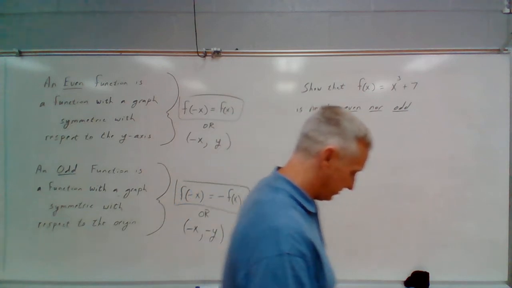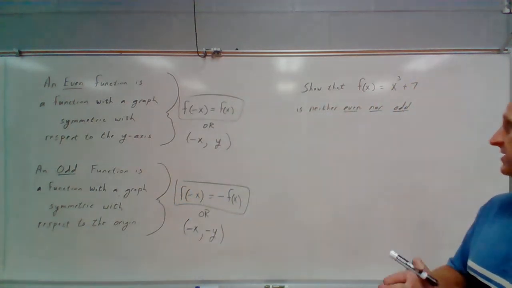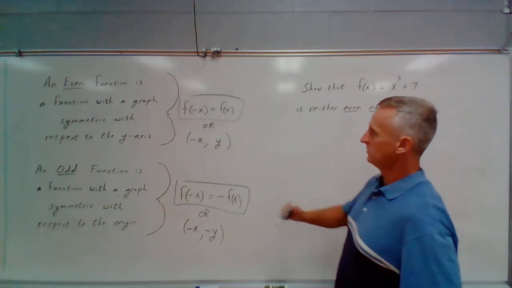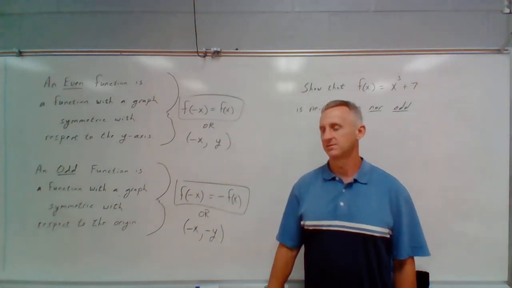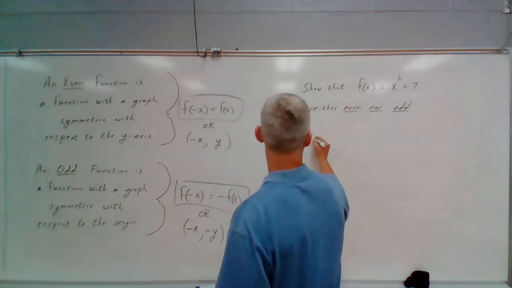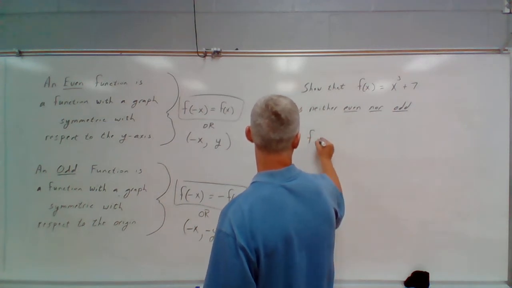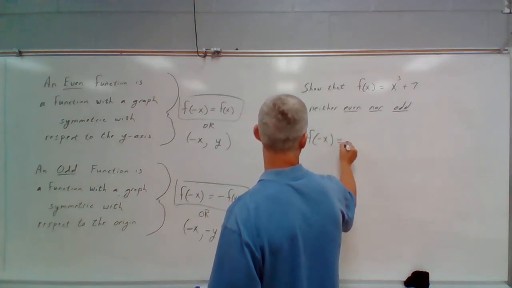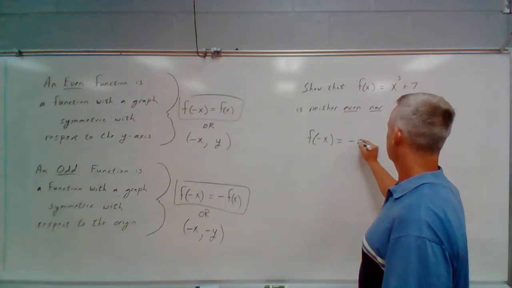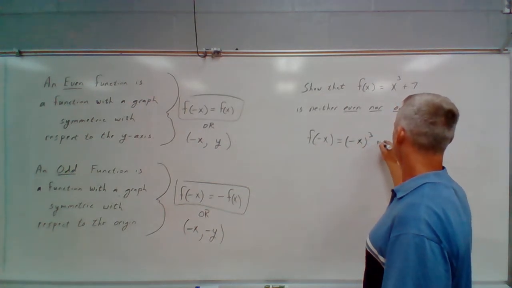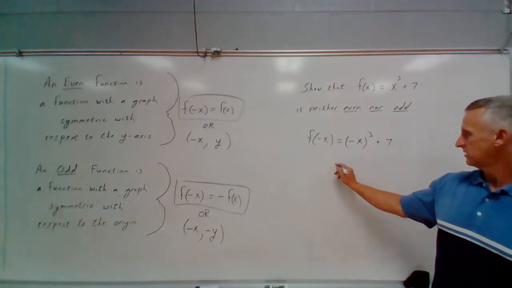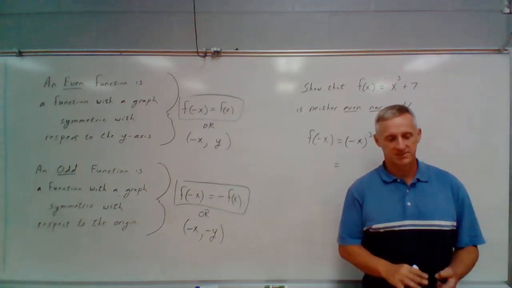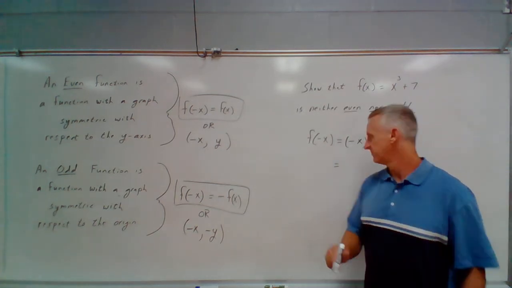All right, so let's have a stab at this. Notice that on both of these, I need to plug in negative x. Okay, so let's do that. f of negative x is equal to negative x to the third plus 7. Negative x to the third is negative x times negative x times negative x.